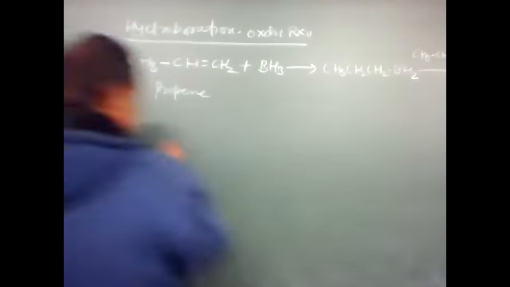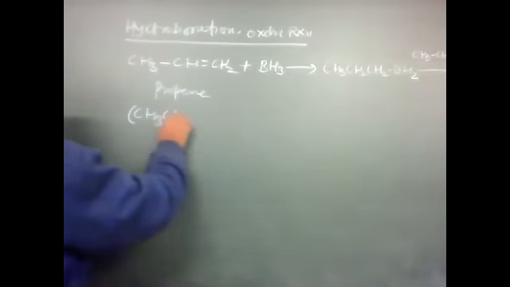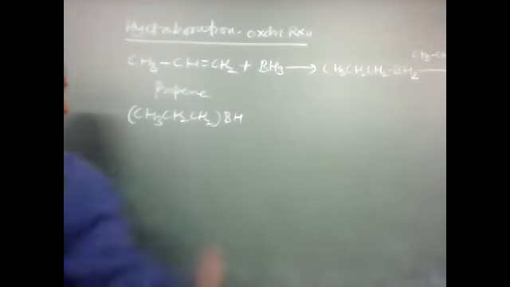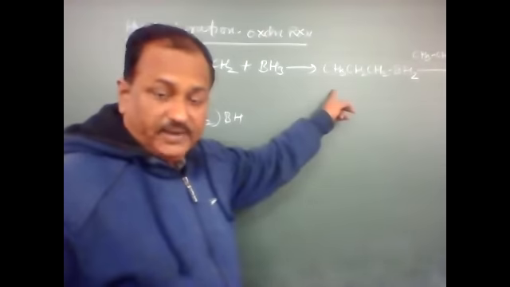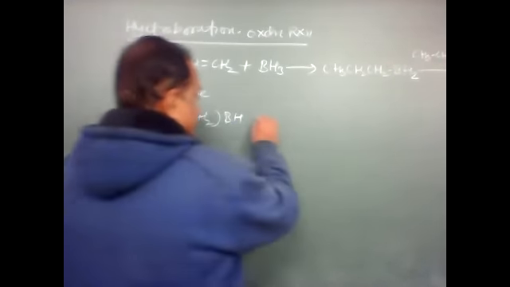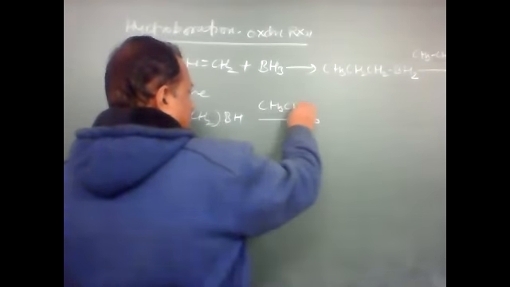As a result of this, we get (CH3CH2CH2)2BH. This is dipropyl borane. Now there is the third molecule of this.